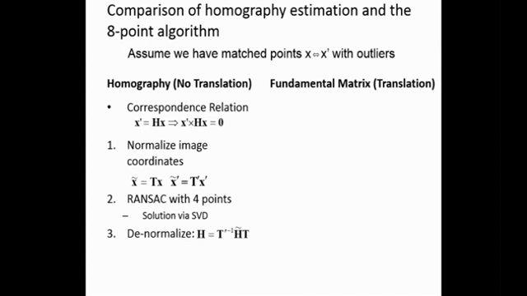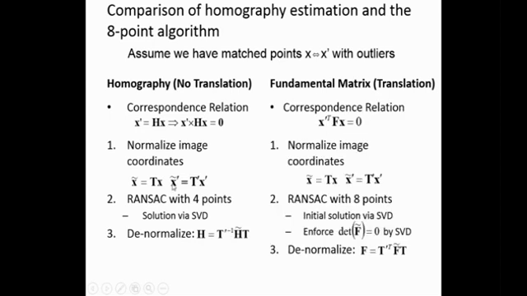Then I normalize the image coordinates by finding the transformation for each set of images so that the average of the points is 0 and the standard deviation is 1. Then I do RANSAC with 4 points, and I can find the solution using SVD. And then at the end, I denormalize: this is the homography of the normalized points, and then I unnormalize it by solving using these expressions here.